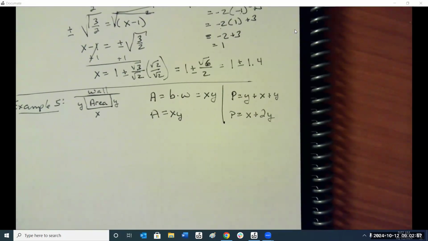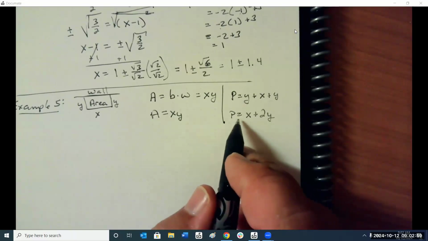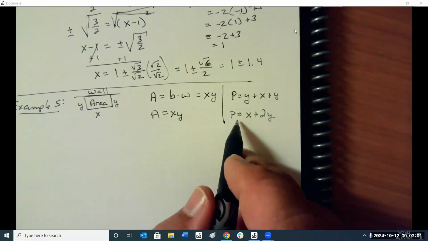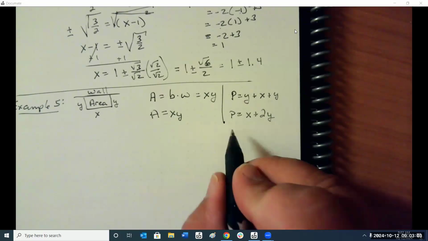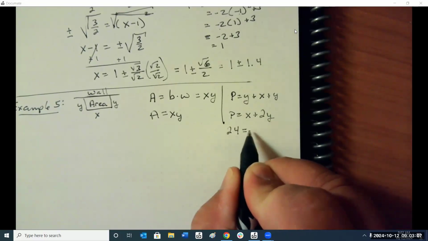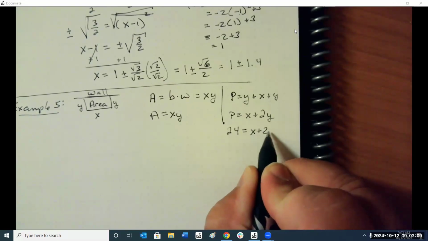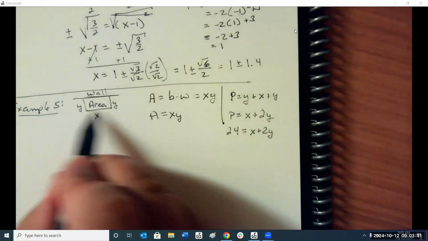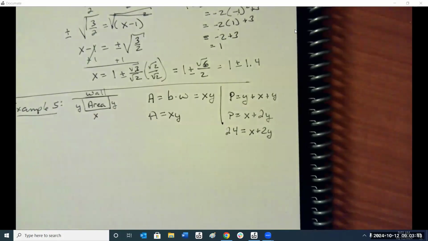So these are the formulas that we need. But what do we know about the perimeter? How many feet of stone do we have? We have 24 feet of stone. That's how much there can be.